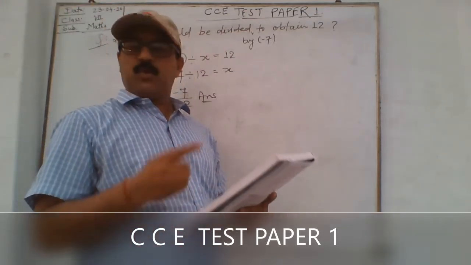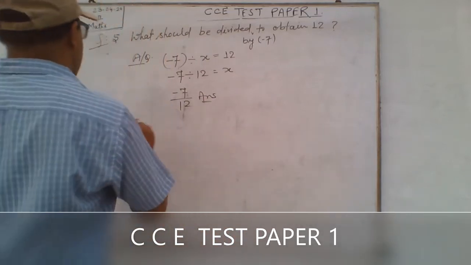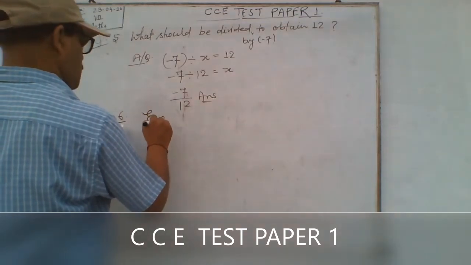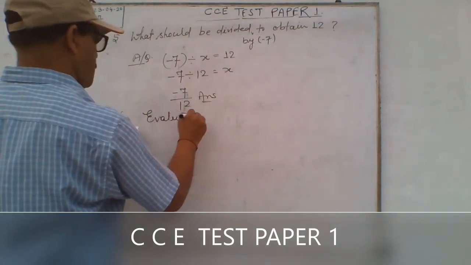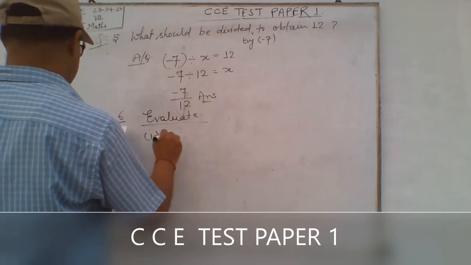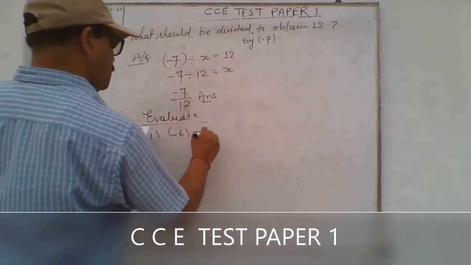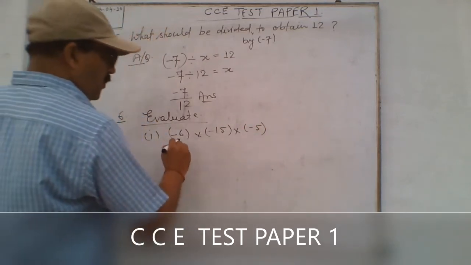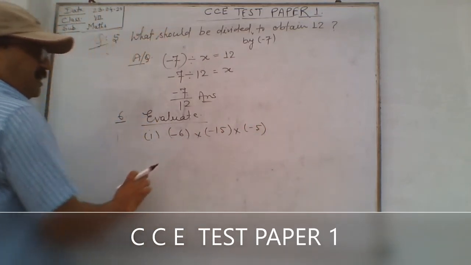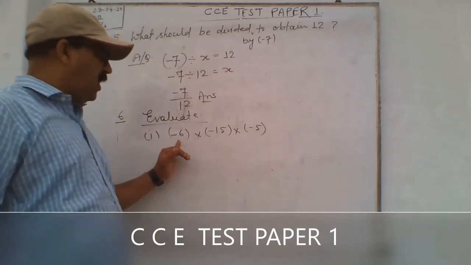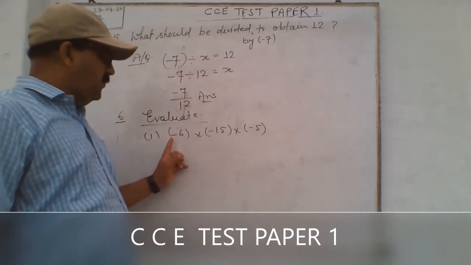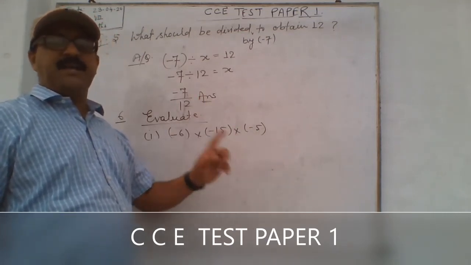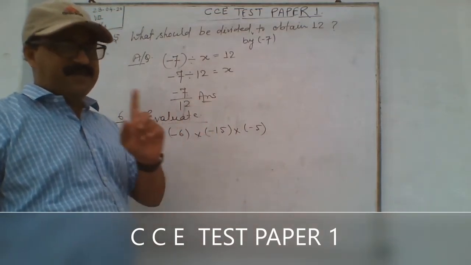Evaluate question number 6. Minus 6 into minus 15 into minus 5. Here what we have seen, the multiplication 1, 2 and 3. When a negative integer is multiplied an odd number of times, the answer will be negative.